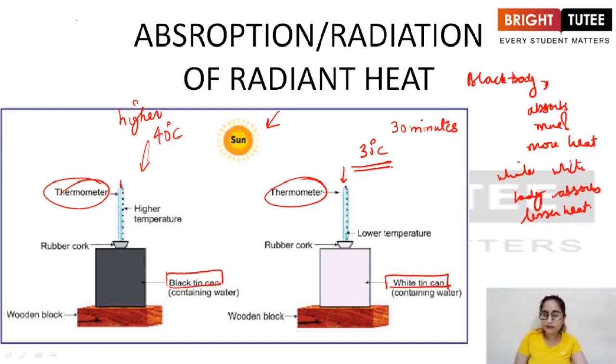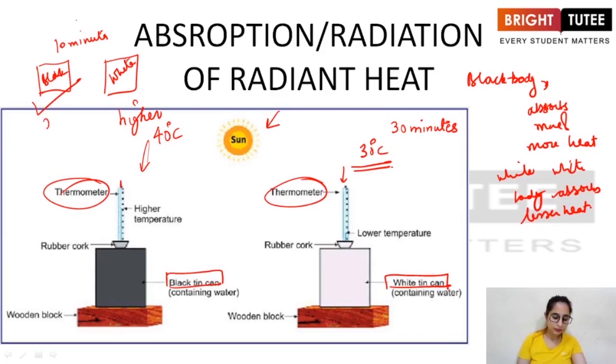You have noticed the temperature under the sun. After heating under the sun, you bring them inside a closed room. There is no sun, and this is the black body and this is the white body. When you notice the temperature after 10 minutes, the temperature of the black body comes out to be 25 degrees Celsius, while the temperature of the white body is 20 degrees Celsius.